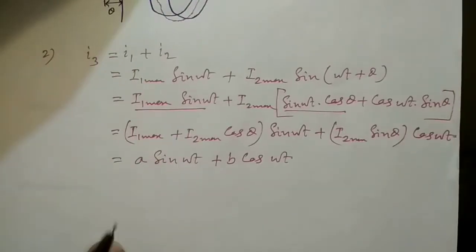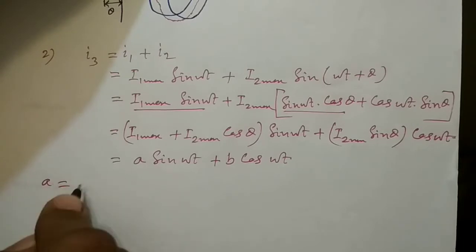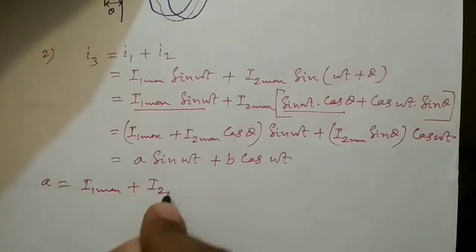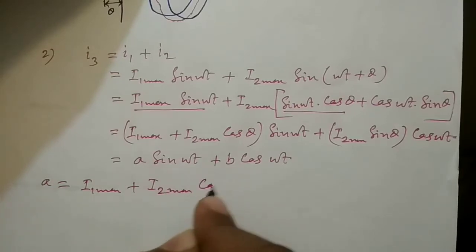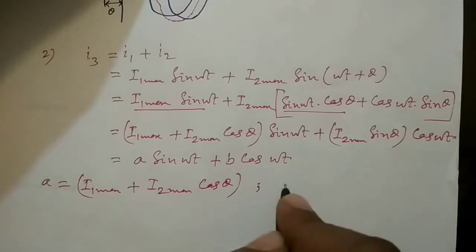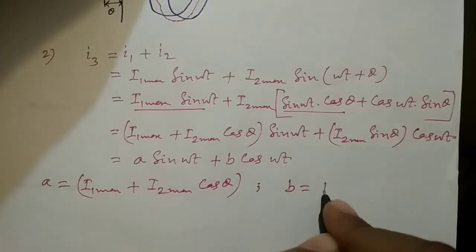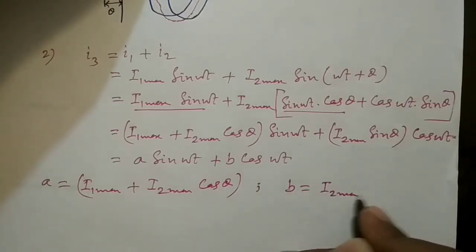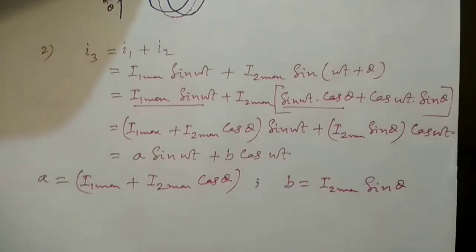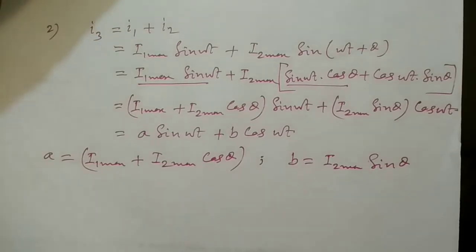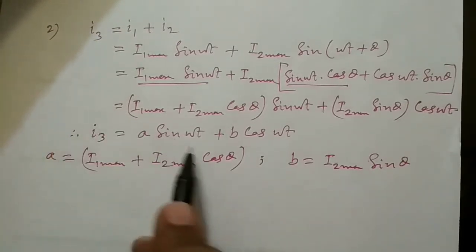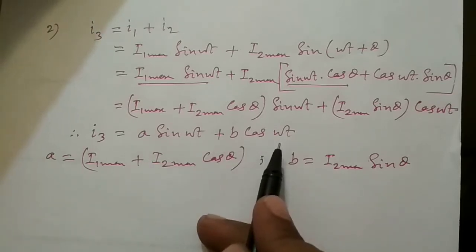So here A is equal to I1 max plus I2 max cos theta, whereas B is I2 max sine theta. So the value of I3 is now A sine omega t plus B cos omega t.